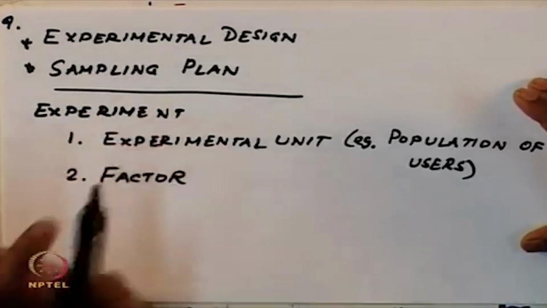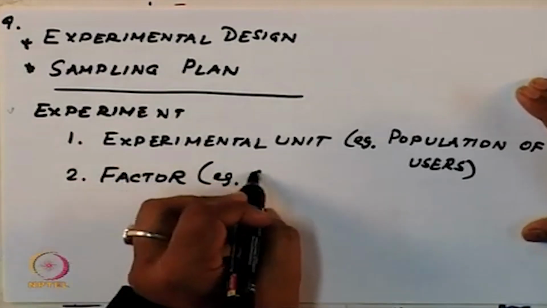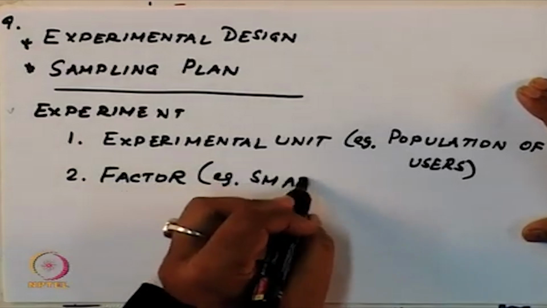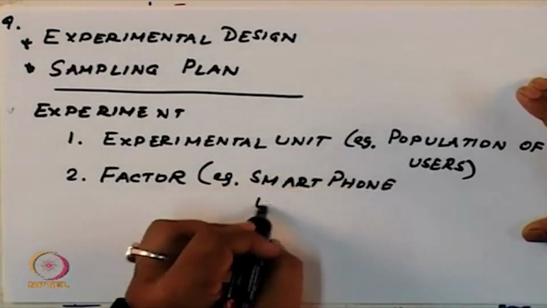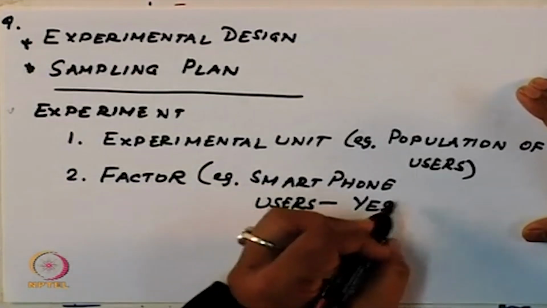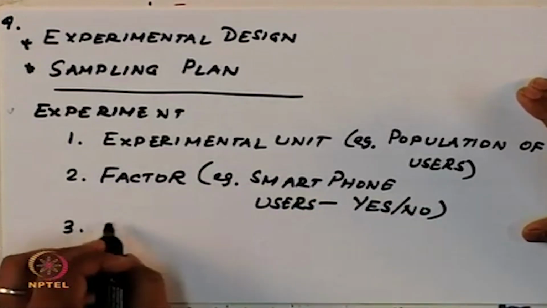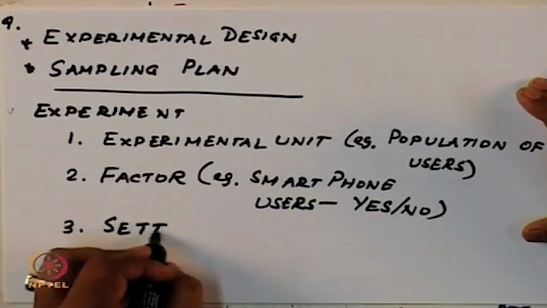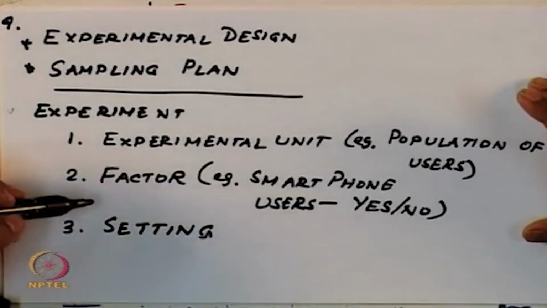In the example that we discussed, the factor can be whether they are smartphone users or not, yes or no. Then you will have a setting. The setting is a value or the intensity scale of the factor.